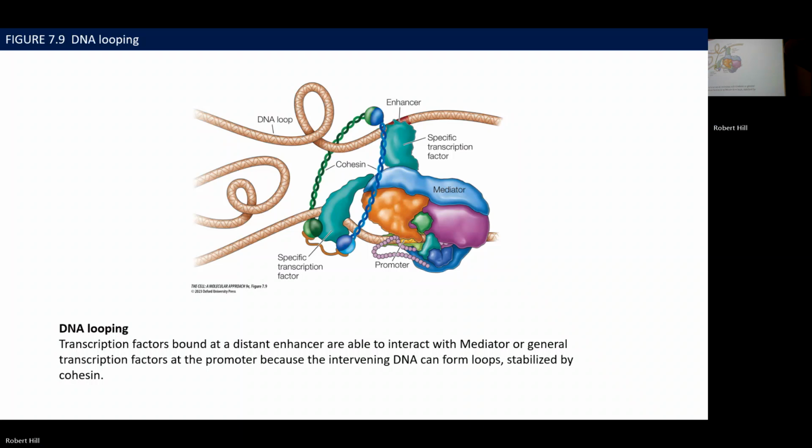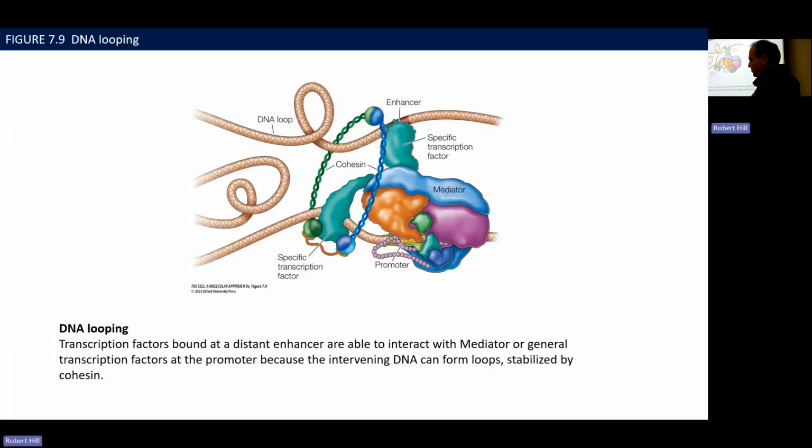So here you've got just one chromosome, and it's looping around like this. This is the promoter region over here. And the enhancer sequence is up here, and you've got some transcription factor or multiple transcription factors that are bound to that enhancer. The DNA is looped around, and it's held together by this particular protein called cohesin.